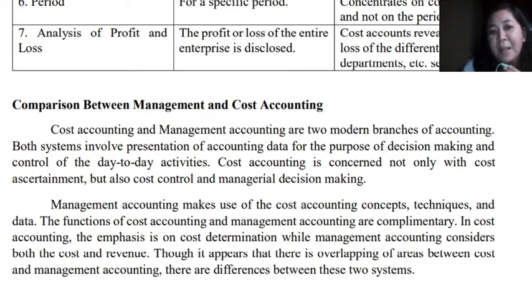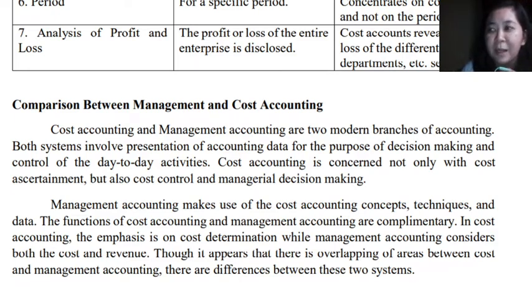Management accounting, on the other hand, makes use of the cost accounting concepts, techniques, and data. So the functions of cost accounting and management accounting complement each other. In another way, cost accounting is part of management accounting because management accounting has a huge scope.